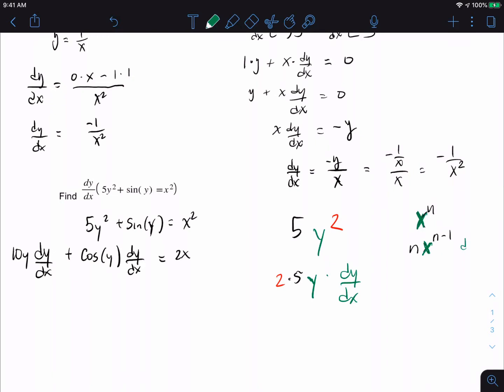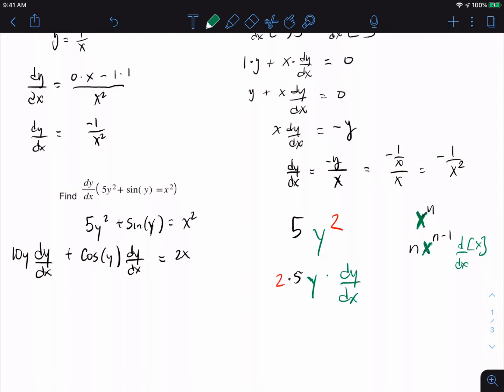We should have the derivative of x with respect to x, right? What is the derivative of x? 1. So that's why we just say n times x to the n minus 1, because the derivative of x is just 1. But when we have a variable in there that's called y, we don't know what y is, so we just call it dy dx.